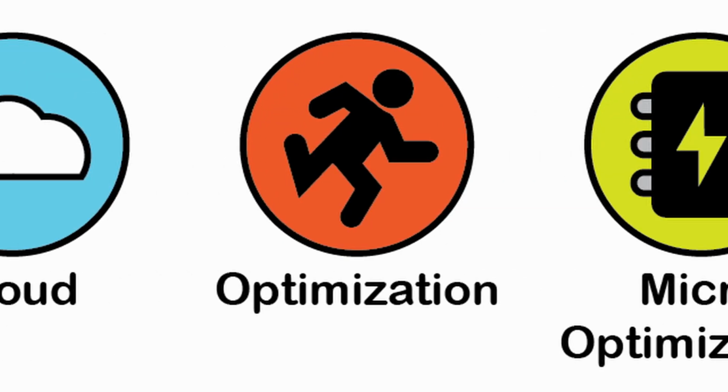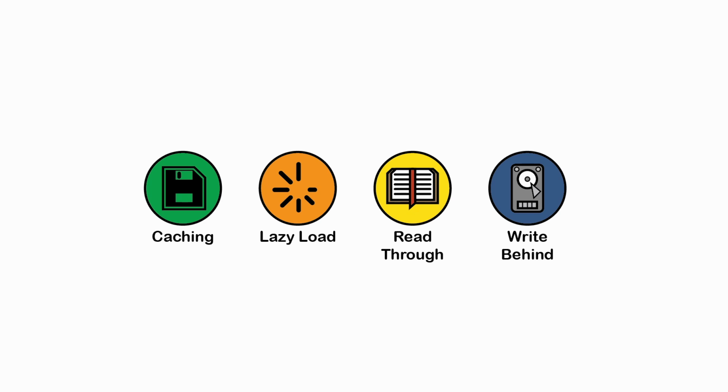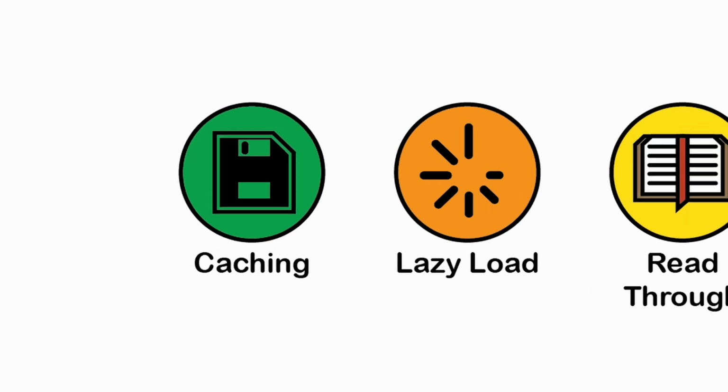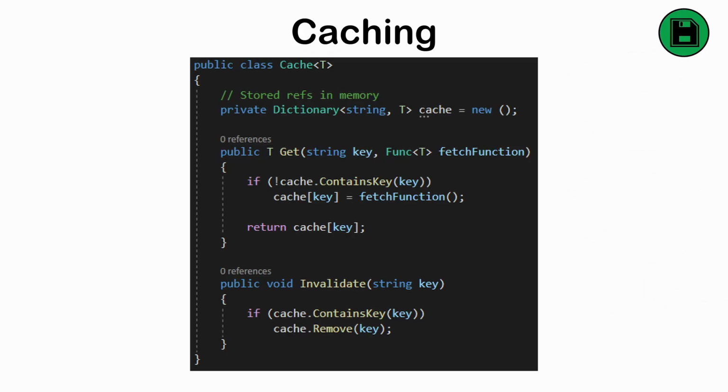Optimization patterns. These patterns focus on improving the efficiency of a system, particularly in areas like performance, resource utilization, and response times. Caching. The process of storing frequently accessed data in a faster storage layer, such as memory, to improve performance and reduce the load on the underlying data source.